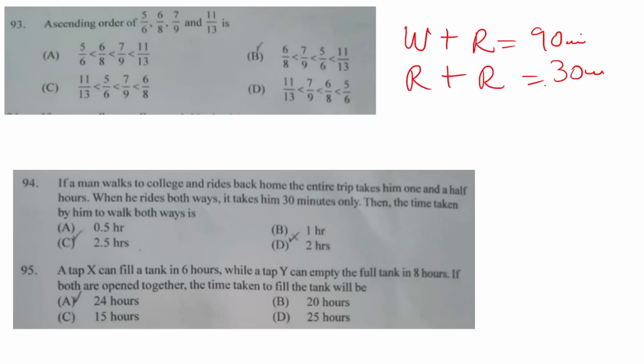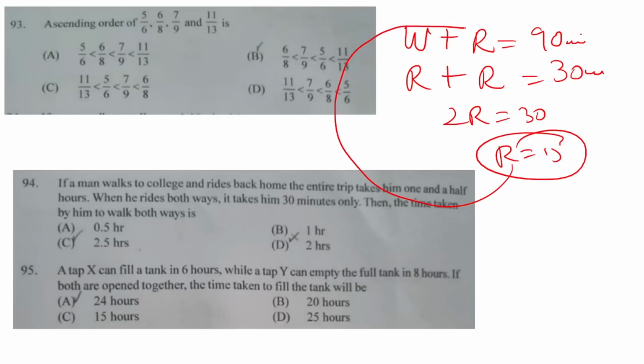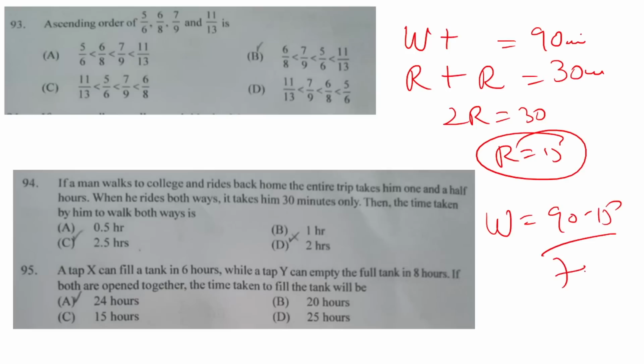So w plus r, 2r equals 15 each way. So the value of w is exactly 90 minus 15, which is 75.